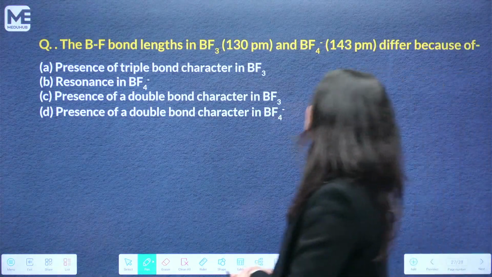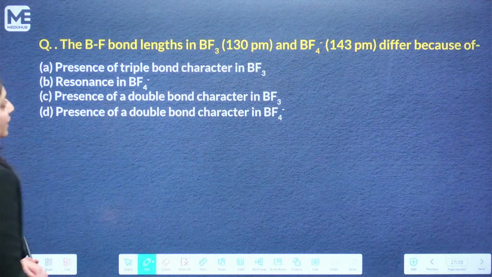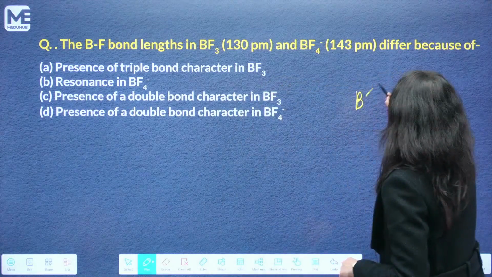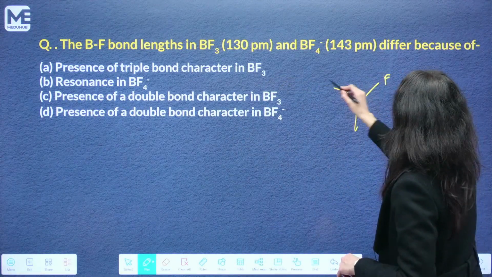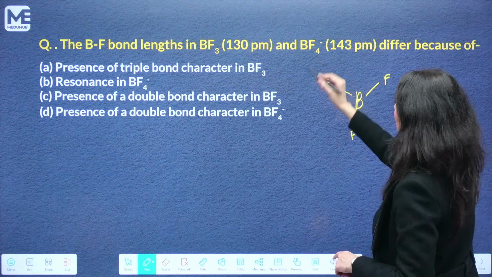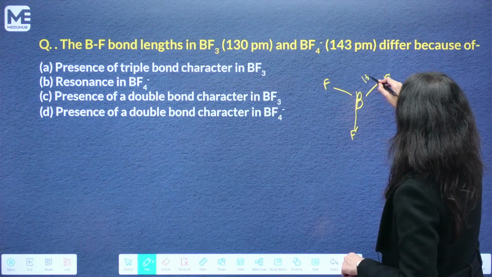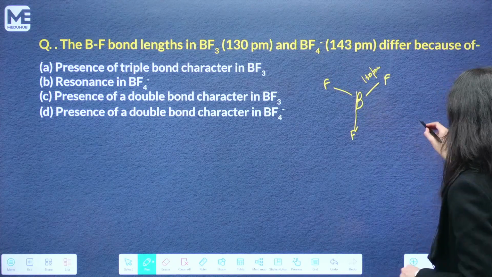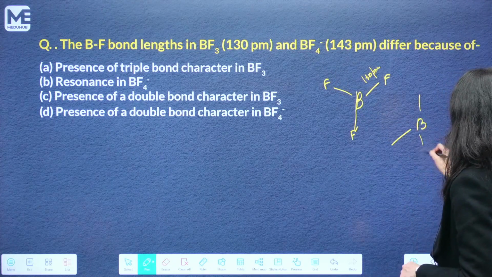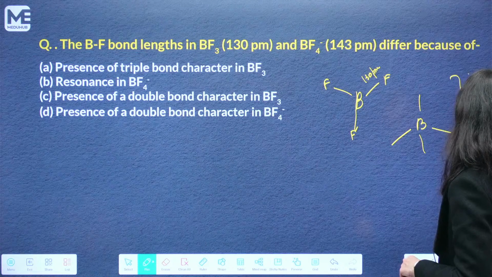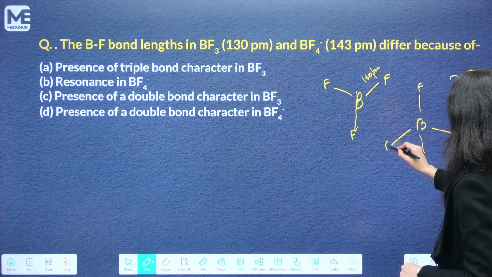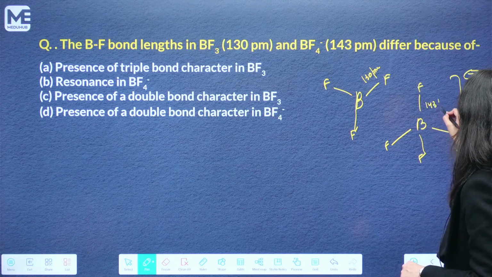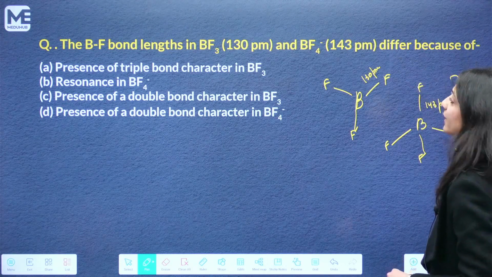Alright, the B-F bond lengths in BF3. So we have BF3. The bond length here is 130 picometer. And in BF4-, it is 143 picometer. They differ, why?